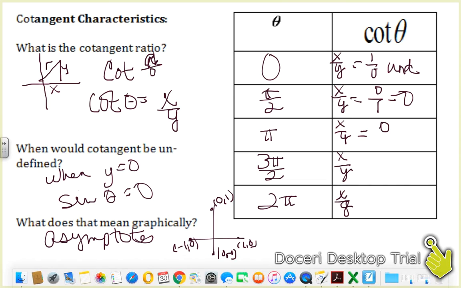At pi, it's going to be, excuse me, I got that mixed up. It's going to be negative 1 over 0, so that's undefined. 3 pi over 2 is going to be 0 over negative 1, which is 0. And 2 pi is 1 over 0, which is undefined. So my asymptotes are on pi's this time versus pi over 2.